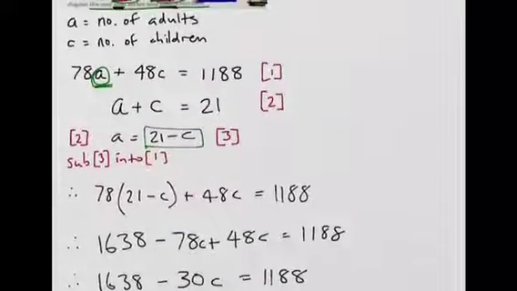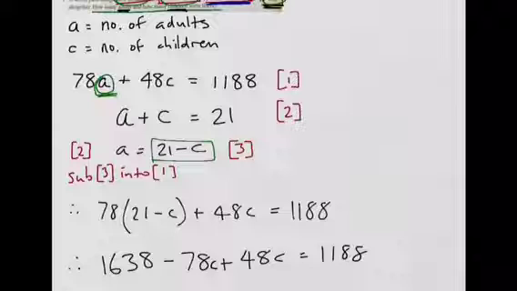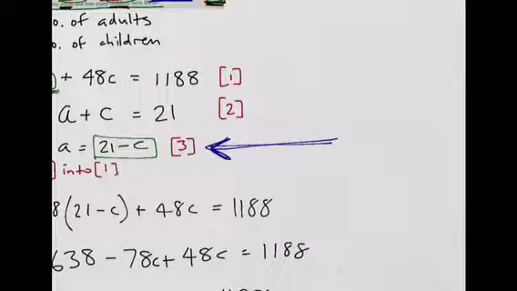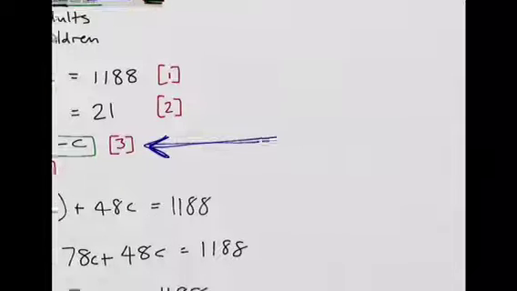We'll go back to the beginning. We know there were 15 children, so we can start from this point now. We have A equals 21 minus C, because there were 21 total.